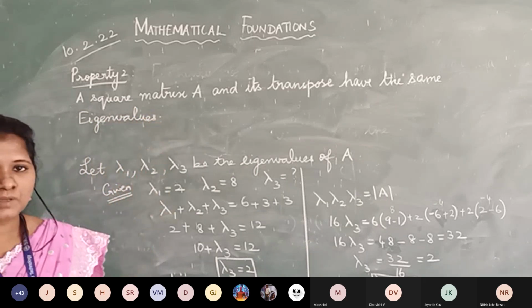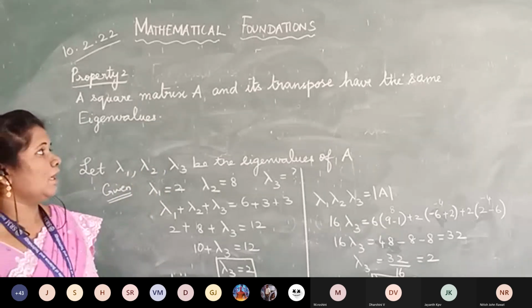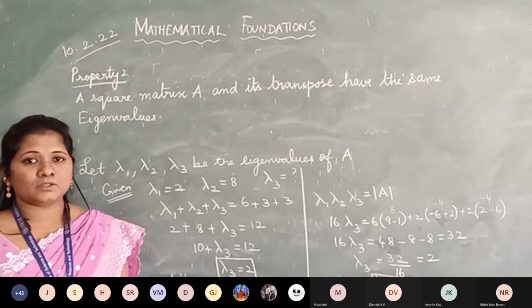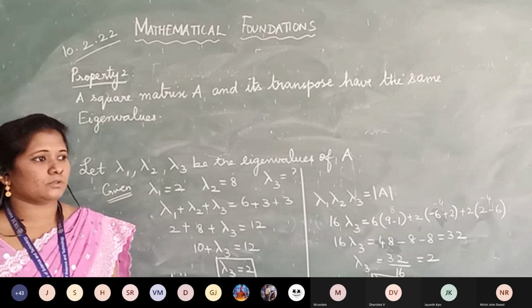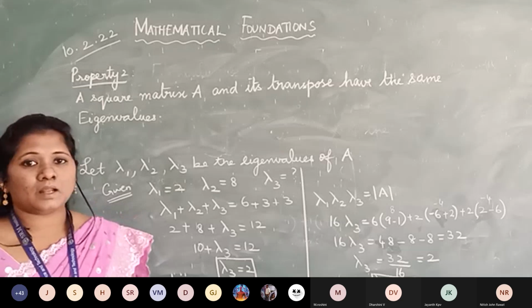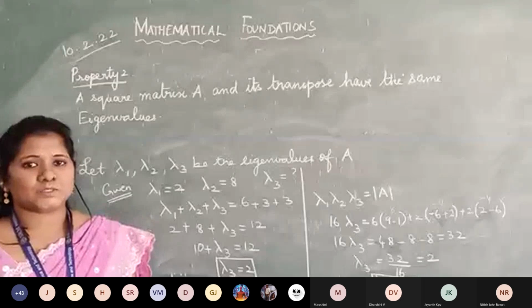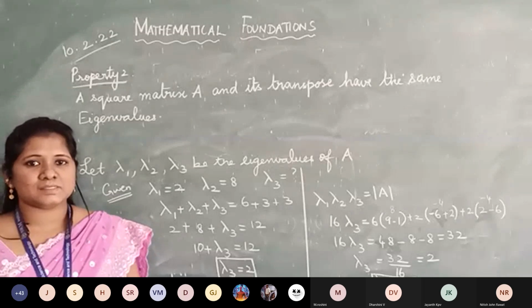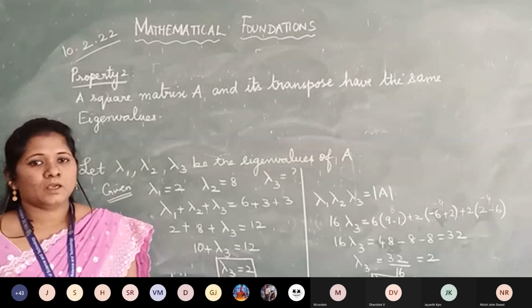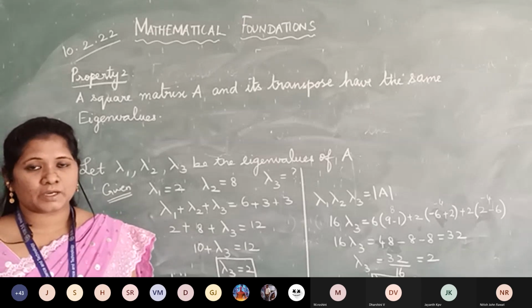Okay. So given a matrix A, in the MCQ they will ask you that the eigenvalues of the matrix are such and such, for example, 3, 4, 5. And they're asking you in the MCQ itself to write the eigenvalues of its transpose. That is nothing but the same. So you need not sit and find out the transpose and then find your eigenvalues.